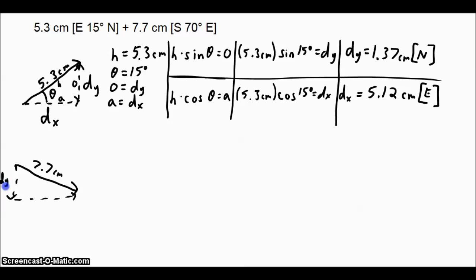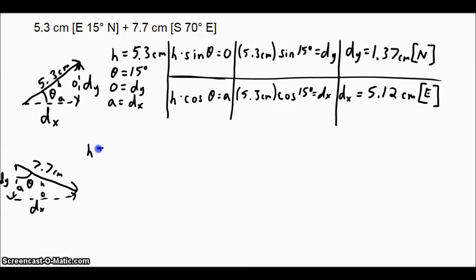Again, this is our dy because it is vertical. This is our dx because it is horizontal. And because we went south and then east, we know our theta is at our starting location. And that means that the dy is going to be adjacent and the dx will be our opposite. And there's our hypotenuse.